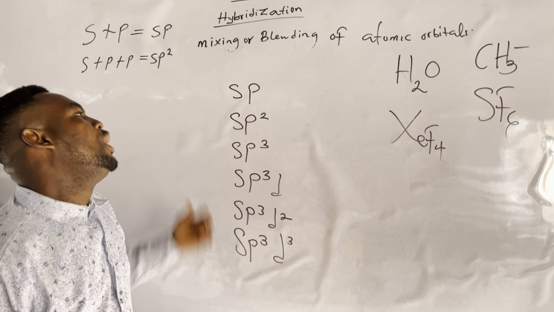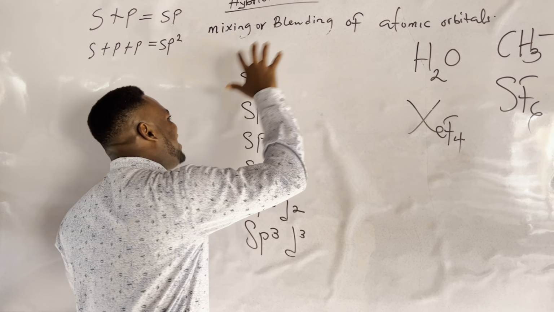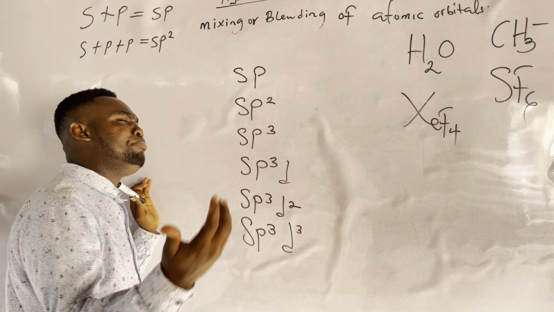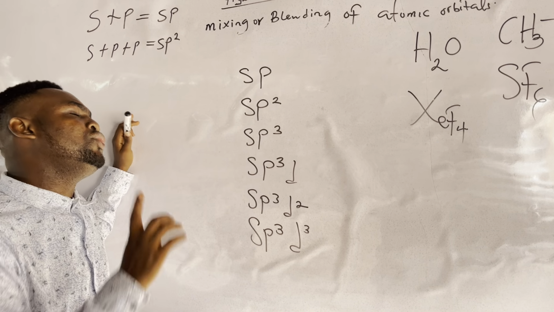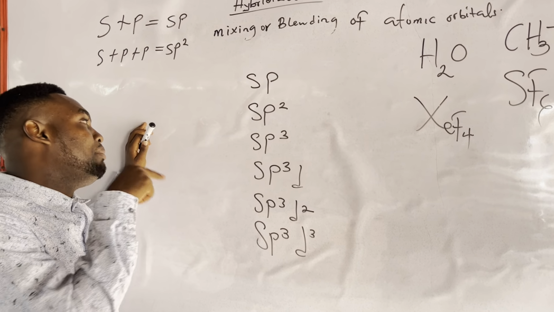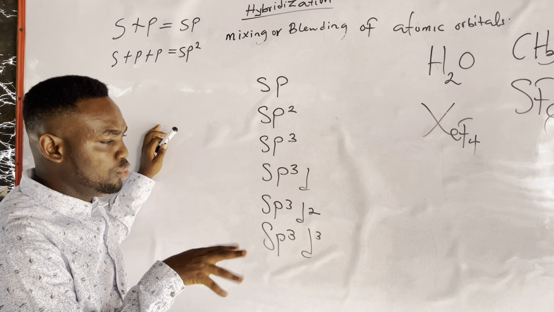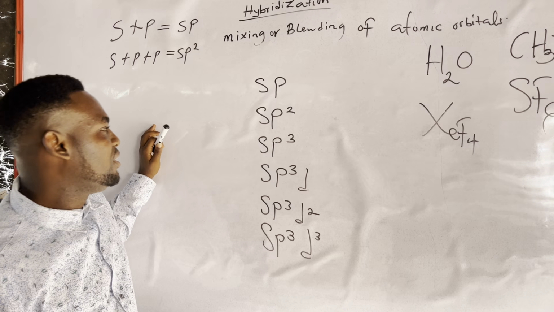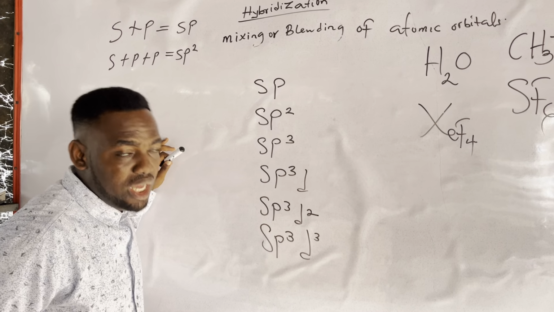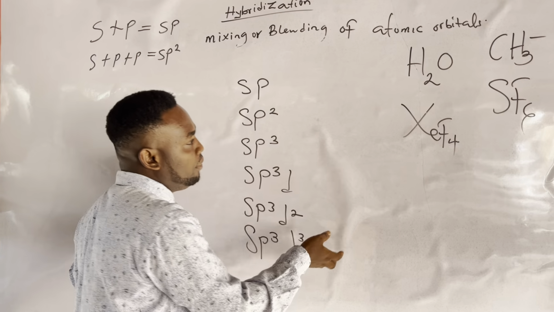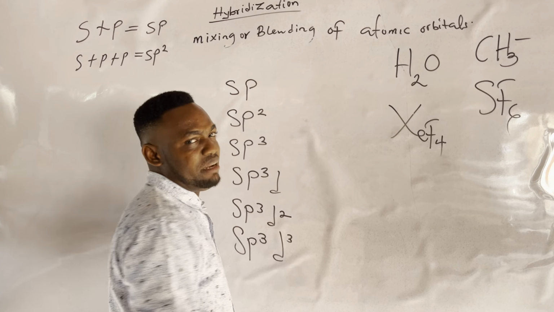But based on valence shell electron pair repulsion, which I'm supposed to teach as a normal way of determining hybridization, this video is not intended to go that deep to explain to students how to draw Lewis structures, and through the Lewis structures of all these molecules get the hybridization.